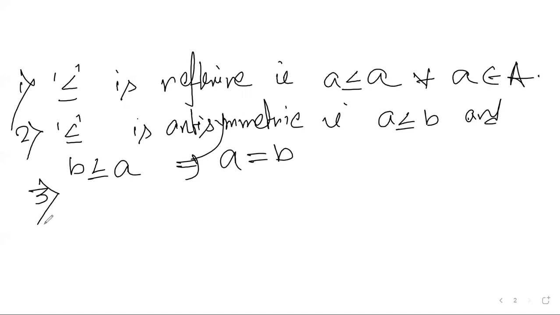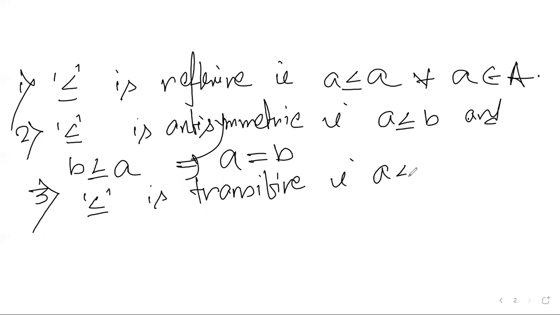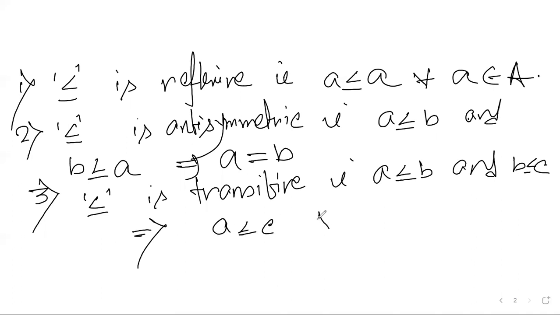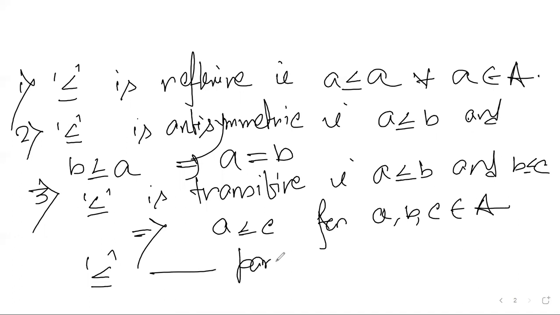Third, the relation should satisfy transitivity. It is transitive. That is, a less than or equal to b and b less than or equal to c implies a less than or equal to c, for a, b, c belongs to A. If these three conditions are satisfied by the relation less than or equal to, then this relation is said to be a partially ordered relation.